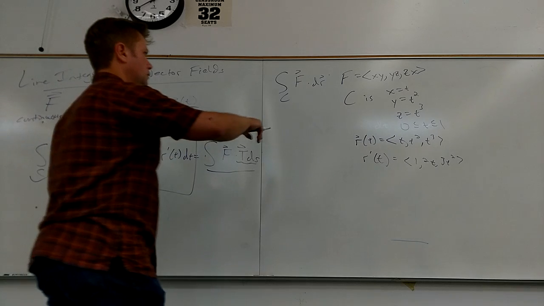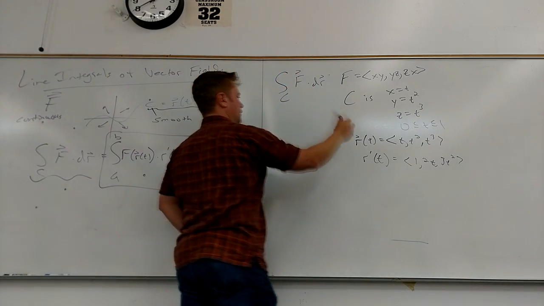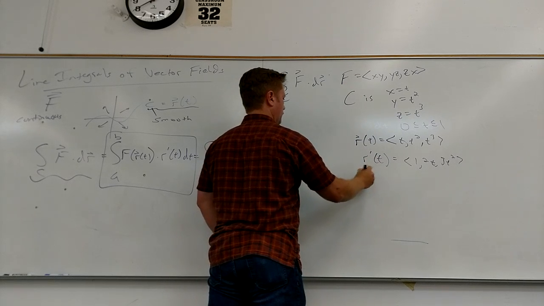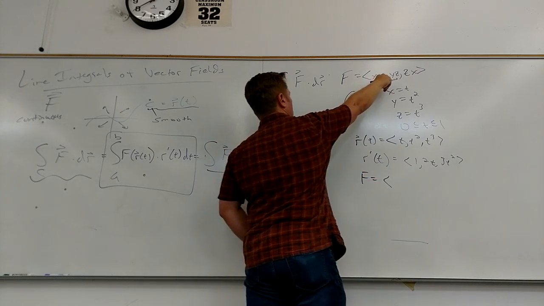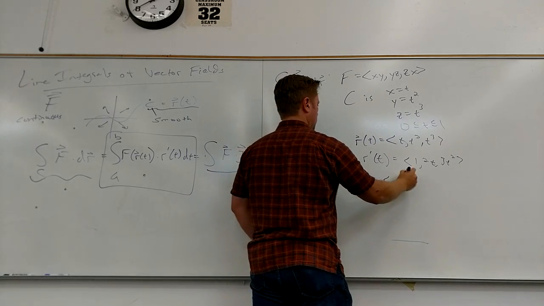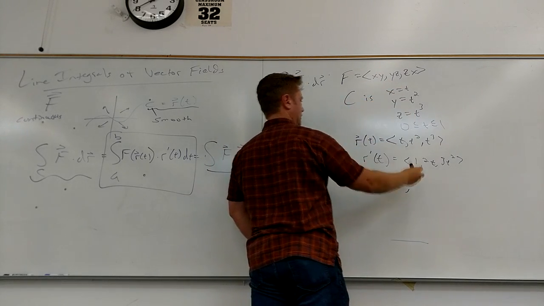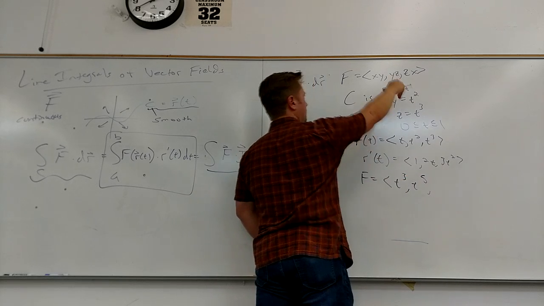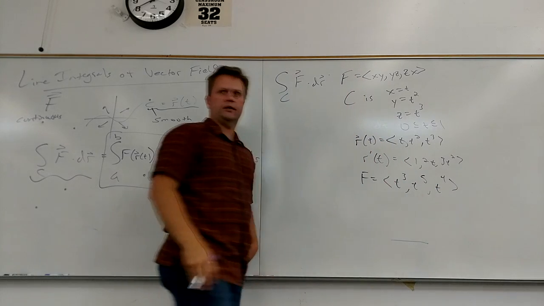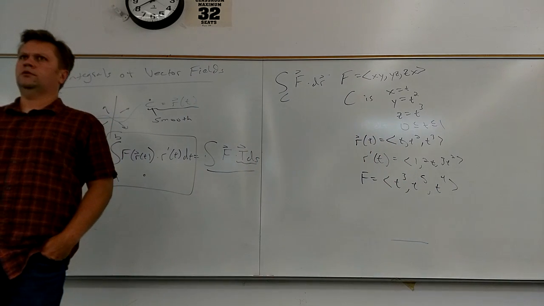Okay, so then I need what f is evaluated at R of t. So f then will be, what's x, what's y? So t cubed, y, z, t to the fifth, and then zx to the fourth. I like it.